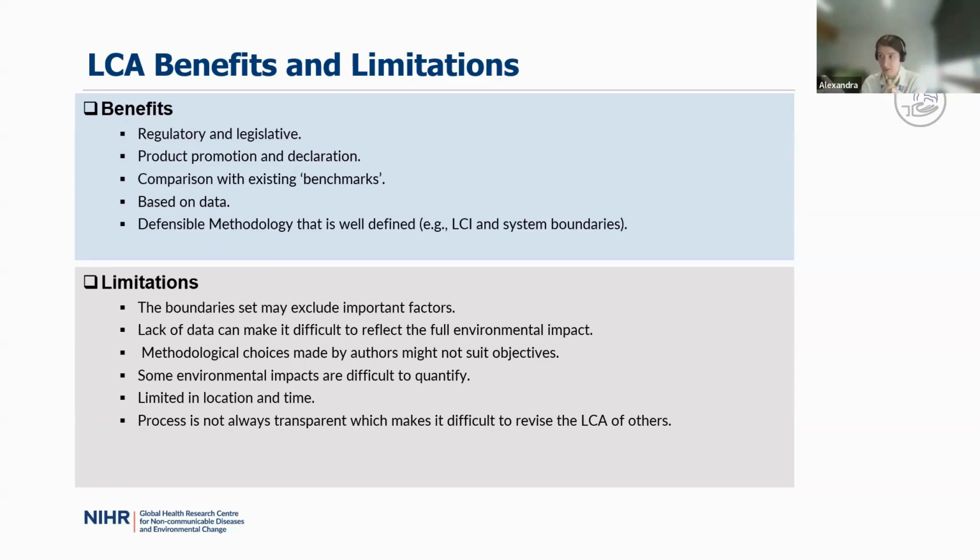But what are the limitations? Boundaries oftentimes may exclude important factors because of lack of data. You've decided not to look at the extraction and production of ammonia for fertilizer. Ammonia is a high resource product, the production of which can have a lot of emissions.